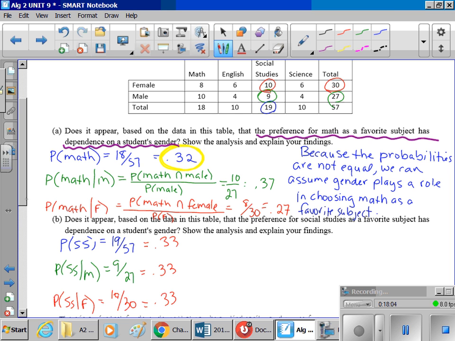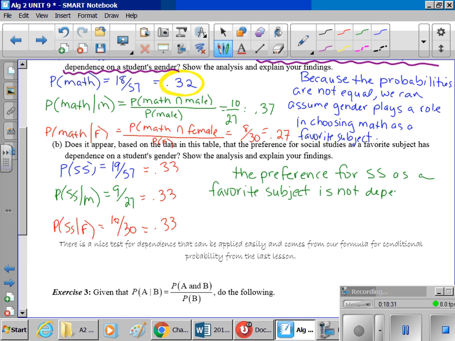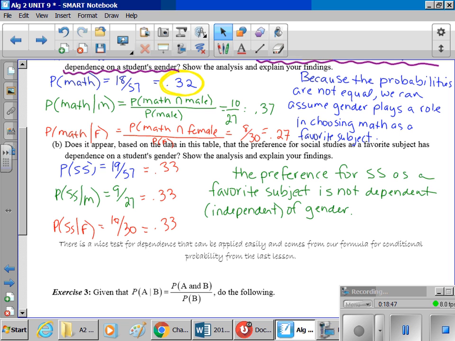If we want to use our wording, the preference for social studies as a favorite subject is not dependent, or you could say independent, of gender. Pretty cool, right?